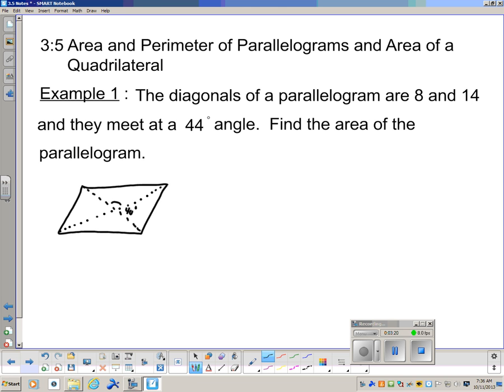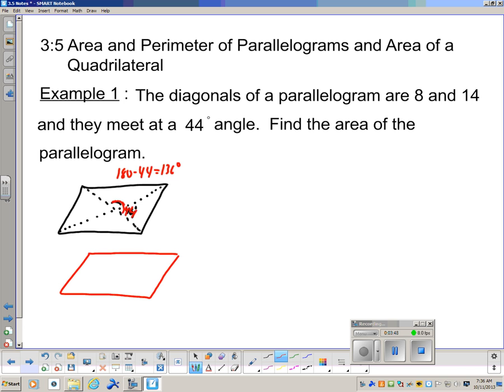Well, 44 degrees. So an interesting thing about these is if this one's 44, these are supplementary. So to get the one over here, I can do 180 minus 44 there. And that ends up giving me 136 degrees. So let's just work with the one we just drew out.